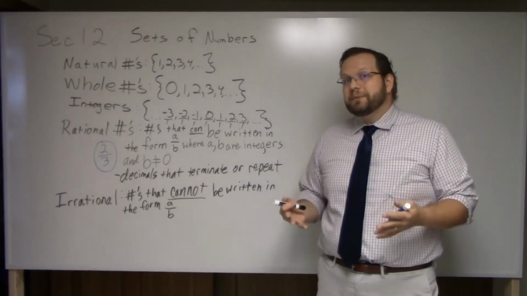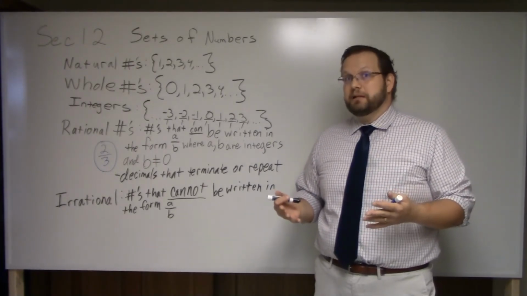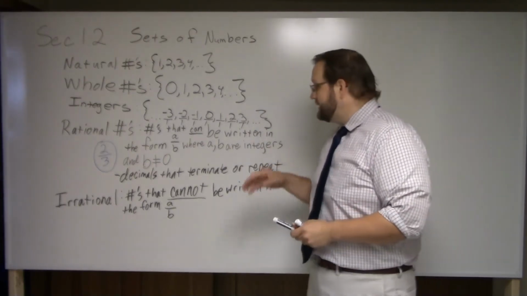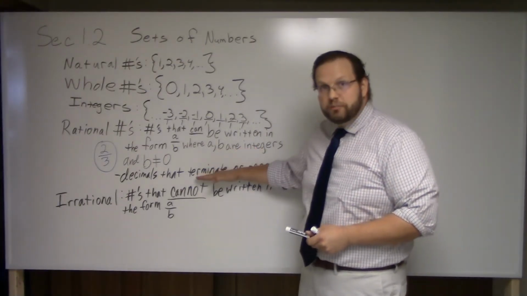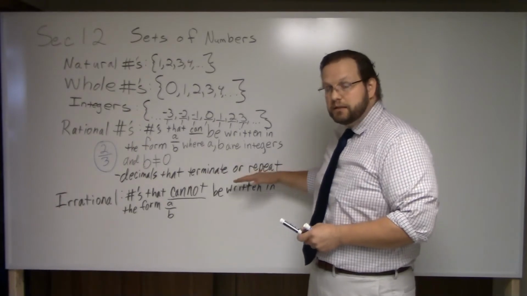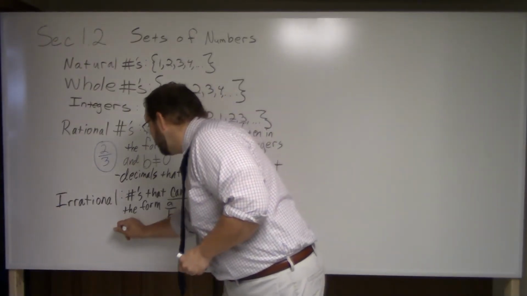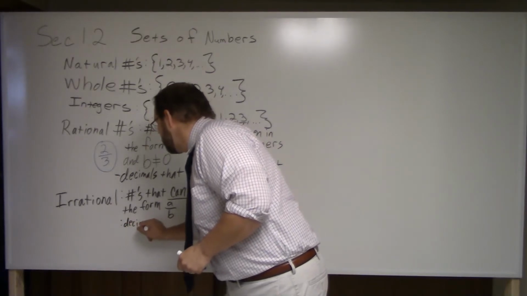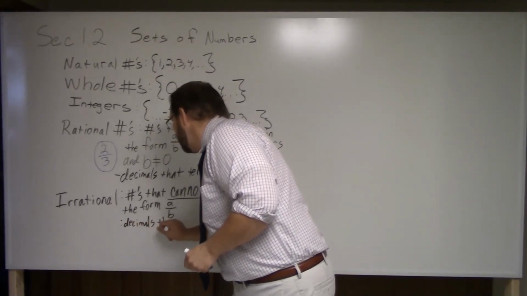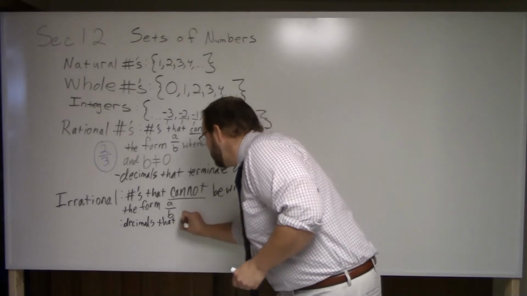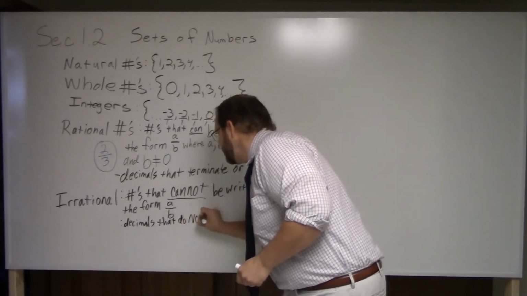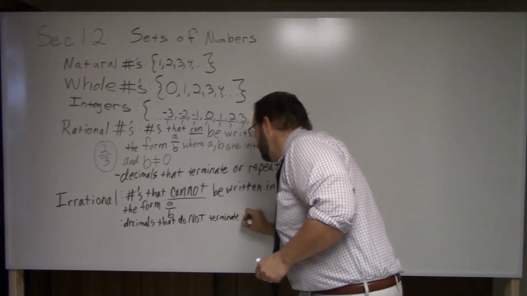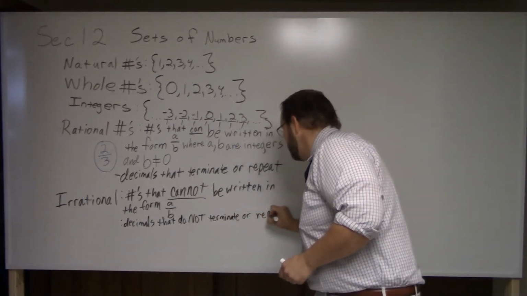Again, it cannot be written as a fraction. Now, when something cannot be written as a fraction, typically it can be written as a decimal, but it's a decimal that does not terminate and does not repeat. Okay? So you could also say these are decimals that do not terminate or repeat.